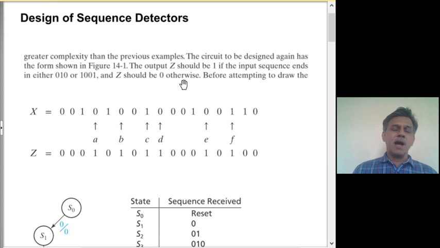As is usual when we design a sequence detector, to understand it better, we will come up with an example input sequence and the corresponding output sequence that is expected. That will help us to understand the problem more clearly.